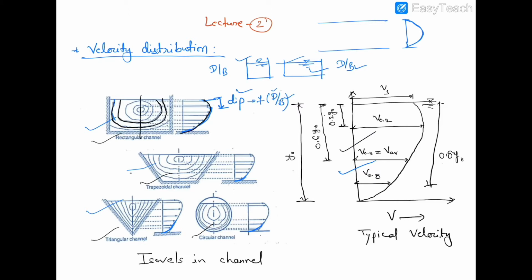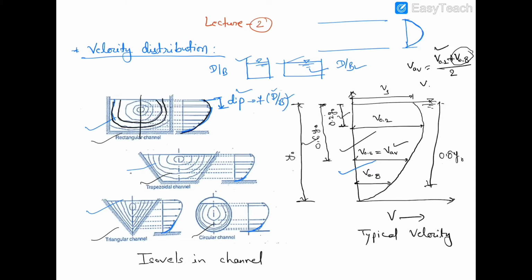Now come to this figure. It is found that the average velocity is the average of v 0.2 and v 0.8. What is v 0.2? This is the velocity at a depth 0.2 times the total depth of flow. In a similar way, you can define v 0.8. Okay, and this average velocity occurs at a depth 0.6 times the total depth of flow.